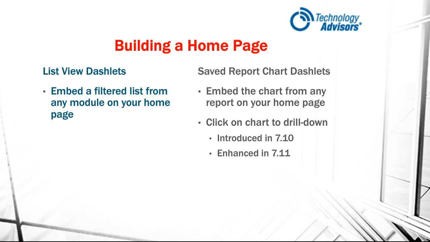And saved report chart dashlets will embed any chart you've created in the report wizard onto your home screen. And you can also now drill down into those charts as they appear on your home screen. So let's take a look at that.